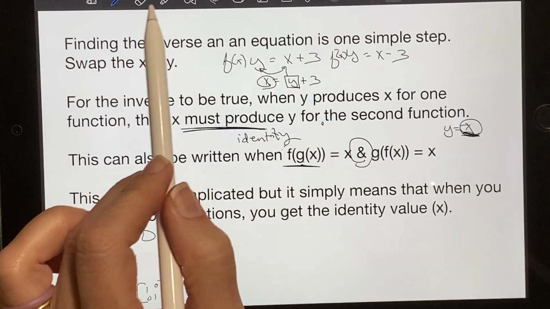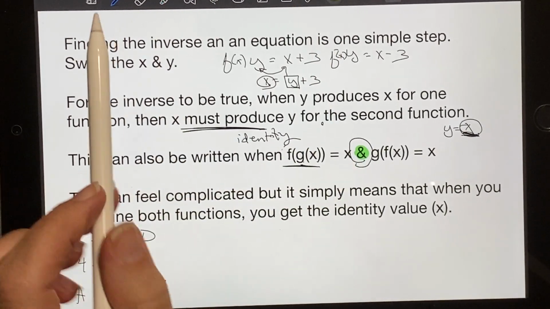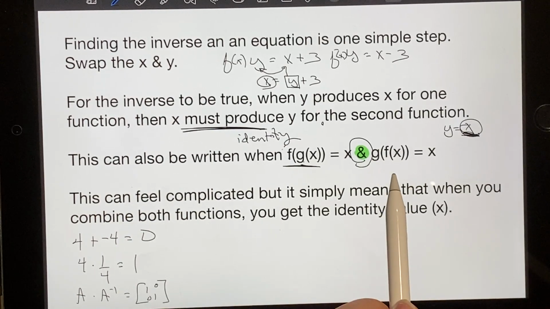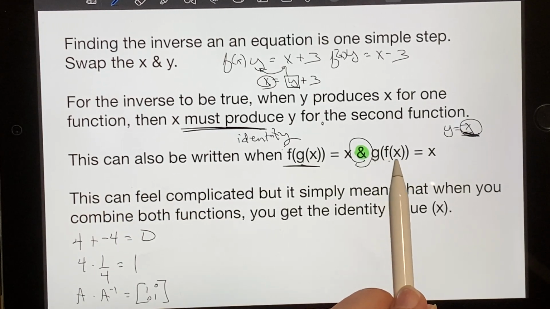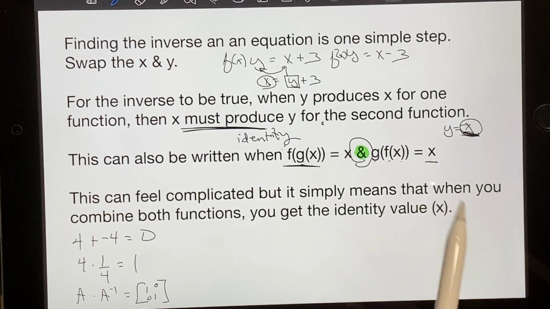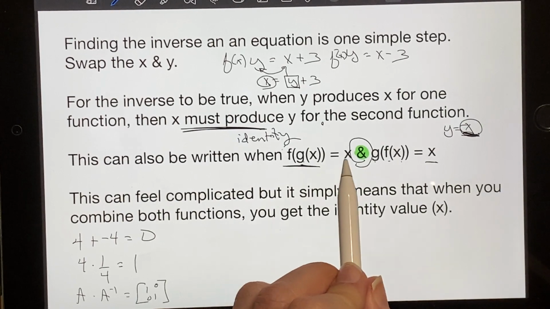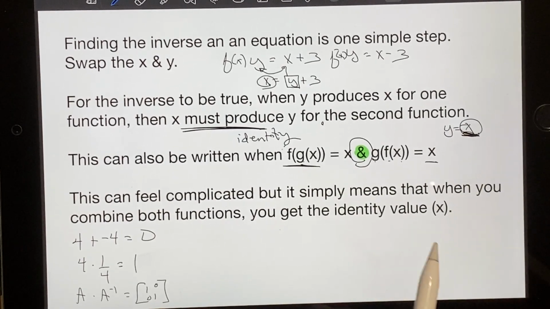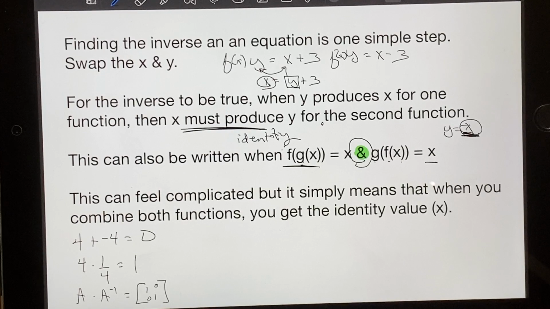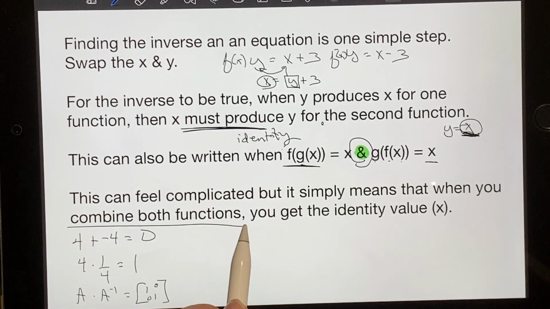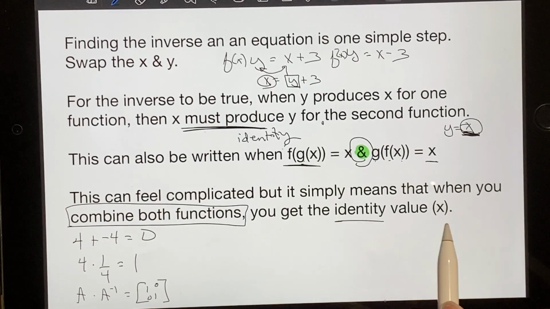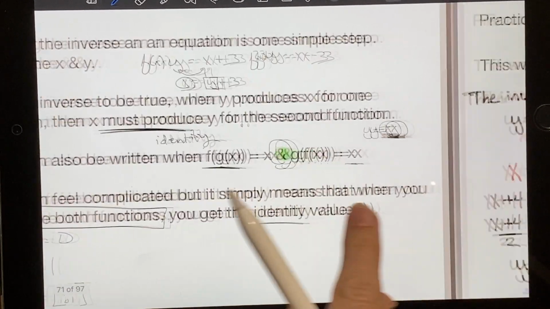And this is a really important part: when we swap them around the other direction, g of f of x also has to produce the x value. If one of them produces our identity x and the other one does not, they are not inverses of each other. Okay? So don't let it feel super complicated. Just know that when we are combining both functions, we're just getting that identity value of x.